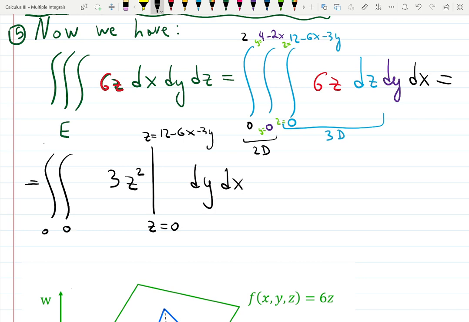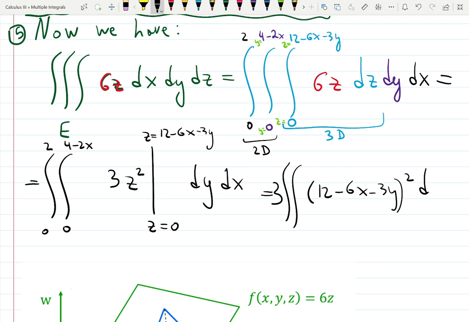Every time you have to rewrite everything. Equals: plug the top minus the bottom. 3, let's kick it out. z squared becomes 12 minus 6x minus 3y squared, minus 0, dy dx.